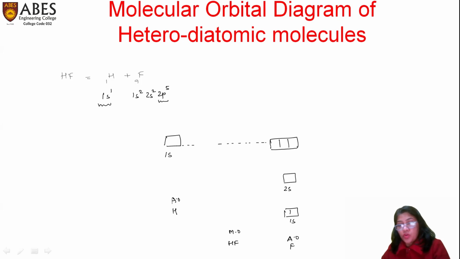Since the 1s of fluorine is not participating in bonding, it will form a non-bonding molecular orbital. Since 2s is also not participating in bonding, it will also form a non-bonding orbital. This is 2p. This will have 5 electrons, 1, 2, 3, 4, 5. And the hydrogen atom has a 1s electron.